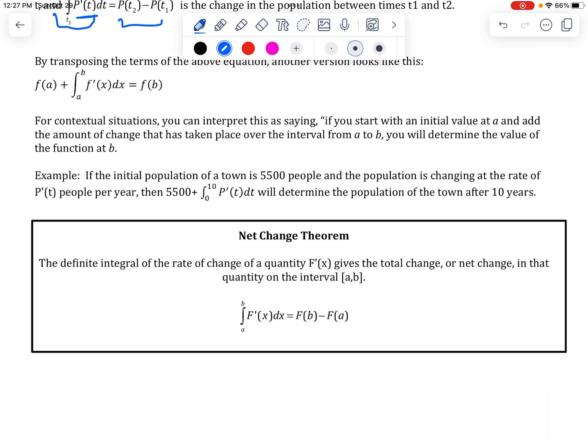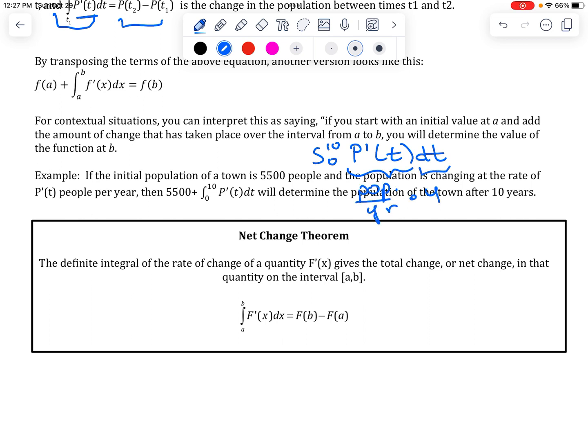Let's look at an example, and this will make a little more sense. This is the Net Change Theorem again. Let's say the initial population of a town is 5,500. The population is changing at a rate of P prime of t, and I want to determine the population from 0 to 10 years. The units for this are population per year.